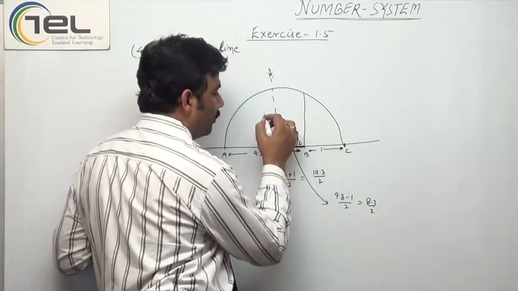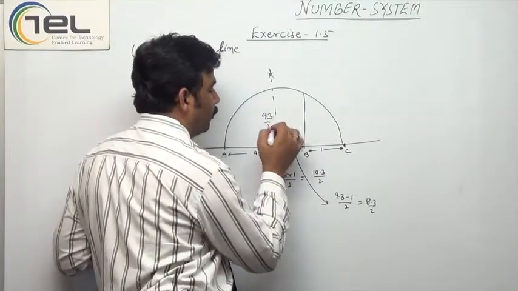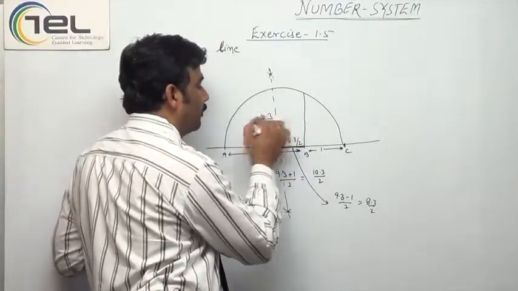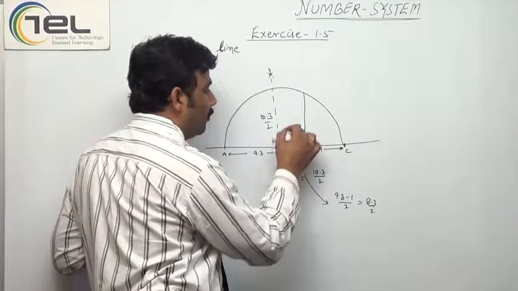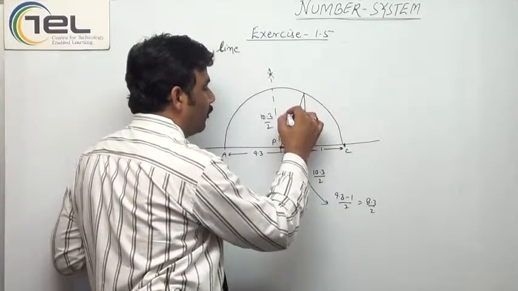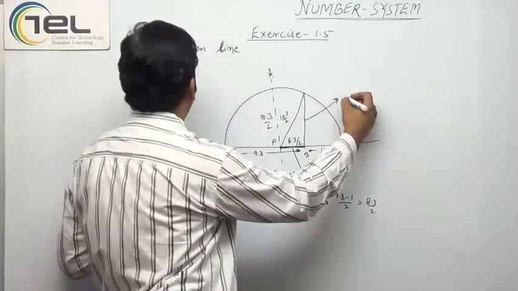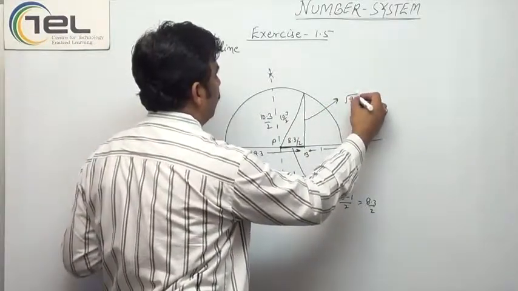And the other is (9.3 plus 1) by 2, which is 10.3 by 2. And this length is the length which is under root 9.3.